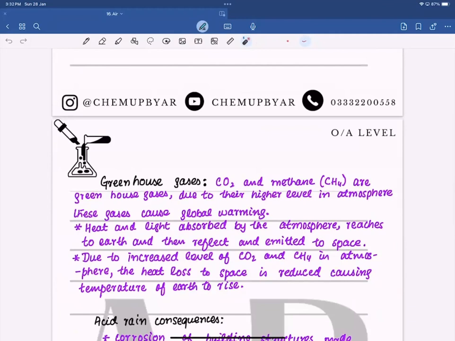There is so much accumulation of these gases. They are going to trap more and more radiations in the atmosphere, and as a result, the average temperature of Earth is rising day by day, and it will cause climate change, global warming, flooding in low sea level areas, and the rising of sea level.